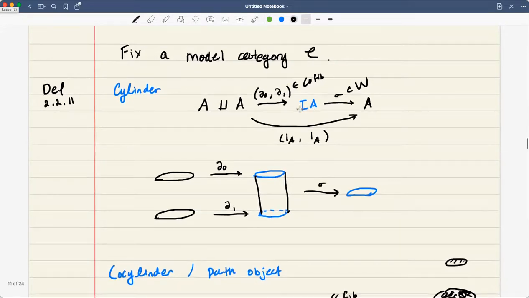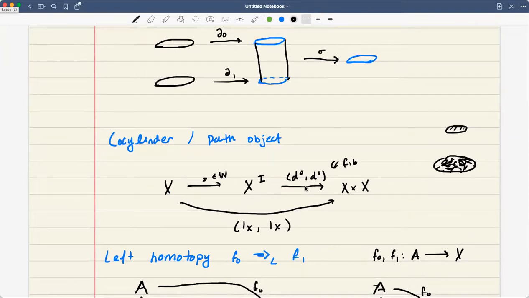This is a notation they use here, IA. In the category of topological spaces, I would be the unit interval, and your cylinder object would just be A cross I. If it was S1, S1 cross I would literally be a cylinder.